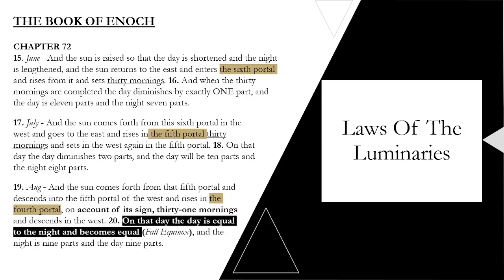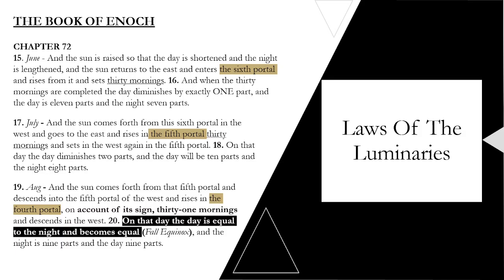Now we're in the month of August. And the sun comes forth from that fifth portal and descends into the fifth portal of the west and rises in the fourth portal. On account of its sign, 31 mornings, and descends in the west. On that day, the day is equal to the night and becomes equal.